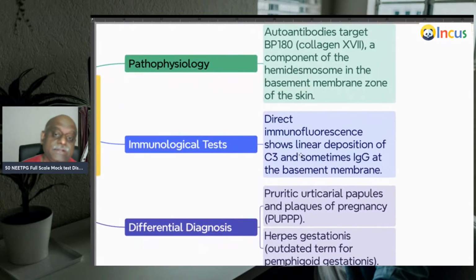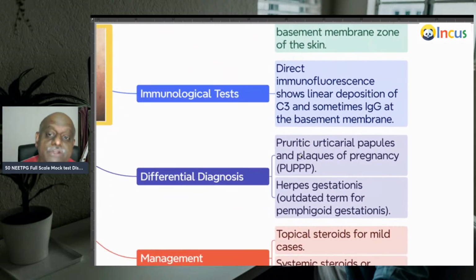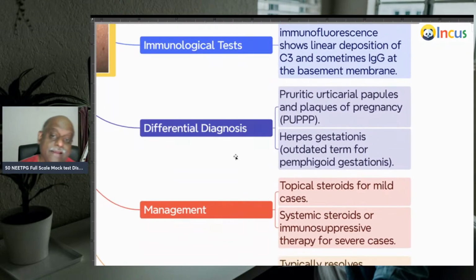On direct immunofluorescence, you will find linear deposition of complement C3, and sometimes immunoglobulin G, in the basement membrane. Pruritic urticarial papules and plaques of pregnancy, PUPPP, is a very important differential diagnosis which you need to remember.